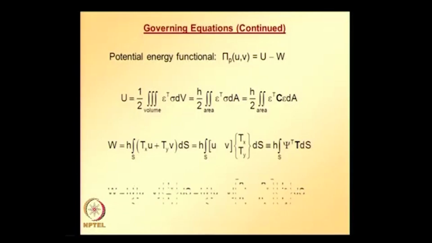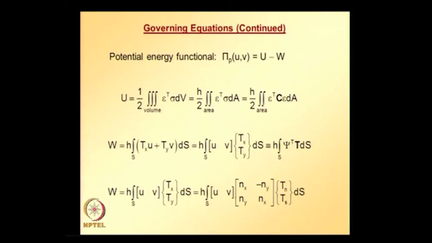And if these tractions Tx, Ty are given in terms of Tn and Ts, that is, tangential and normal components, in that case work done by the distributed forces can be calculated using this relation.